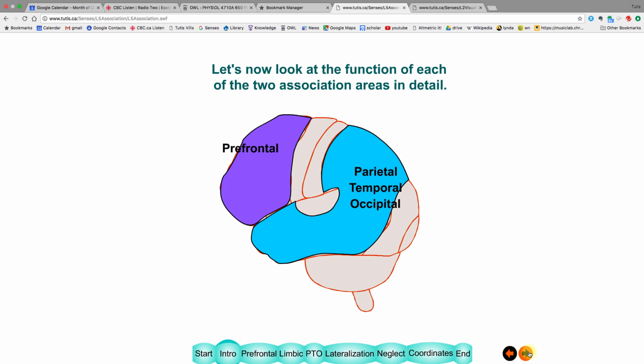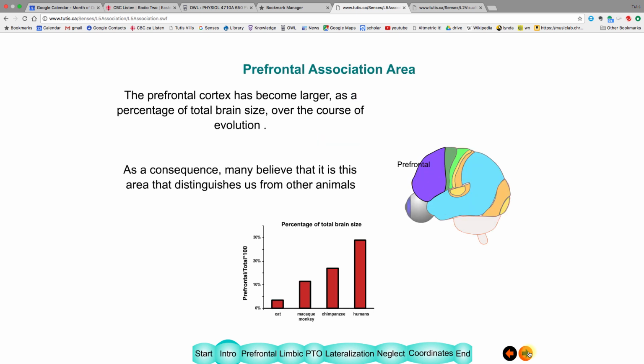Okay, let's now look at the function of the association cortices, these two different ones in more detail. The first one is the prefrontal association area, this area up here in front. And this has especially become larger in Homo sapiens.